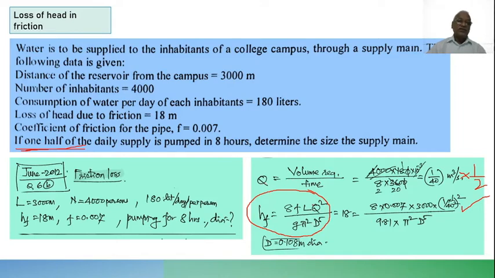And once discharge is known, you know the equation of head loss. So one of the unknowns, the diameter, is found. So this is the kind of questions from question paper. Very interesting one. That's why I have taken June 2012.